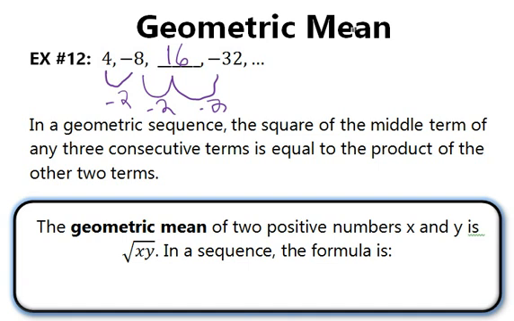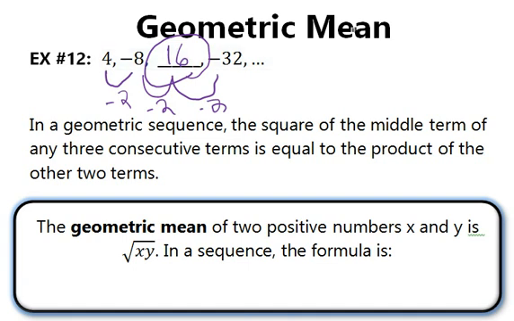Not all sequences and points of data are as easily solvable as the sequence that we have here, but I'll show you the relationship between these values in a different way. In a geometric sequence, the square of the middle term of any 3 consecutive terms is equal to the product of the other 2 terms.